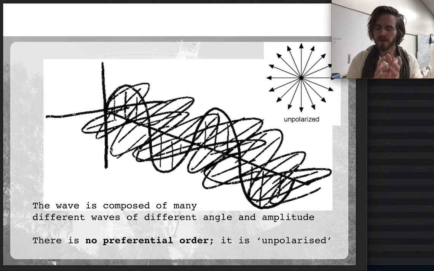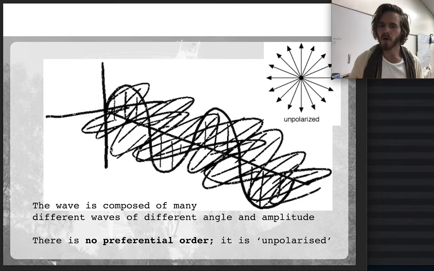The wave that you end up with is the combined wave of all of the ones that you have. So if there's no dominance of waves oscillating vertically or diagonally or something like that, when there's no preferential order, this is when we say the wave is unpolarized.